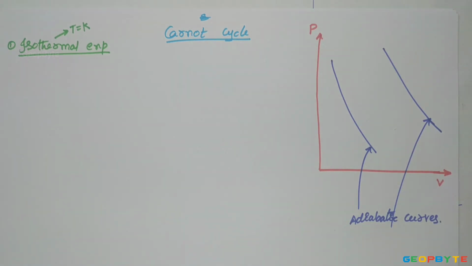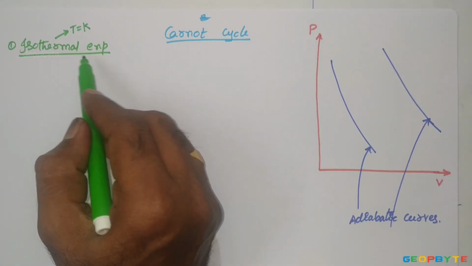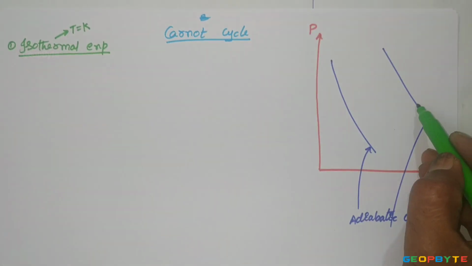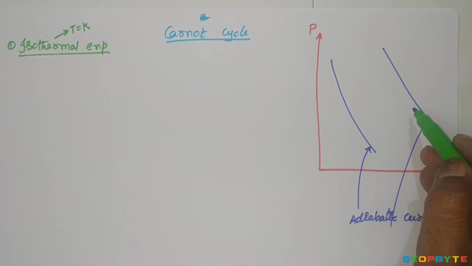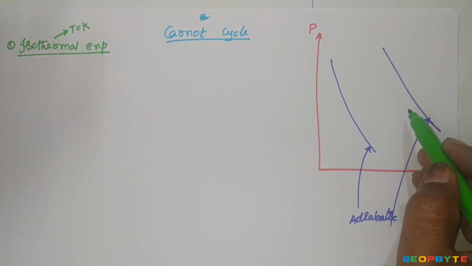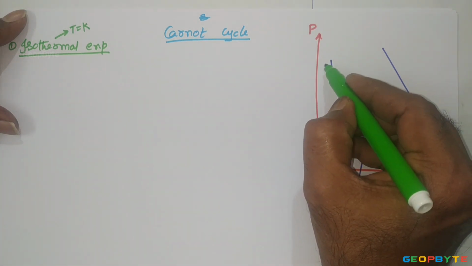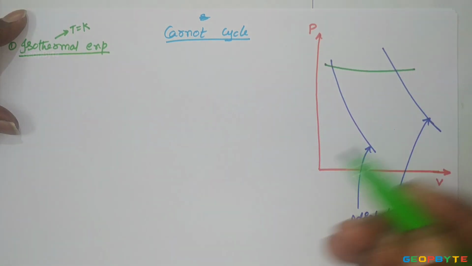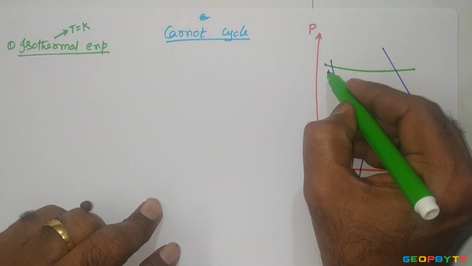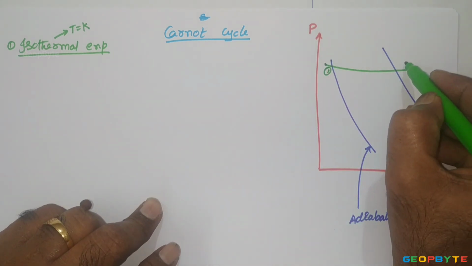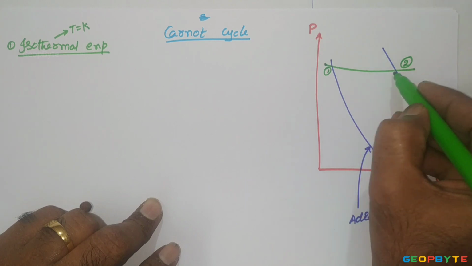Now, the very first process is isothermal expansion. Remember, these 2 adiabatic curves are parallel to each other, but the isothermal curve and adiabatic curve are intersecting. Let us take the isothermal expansion curve, it may be 1 to 2.